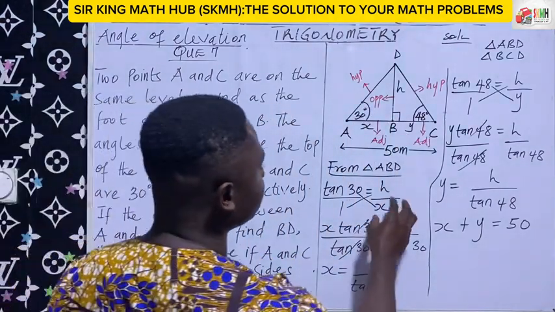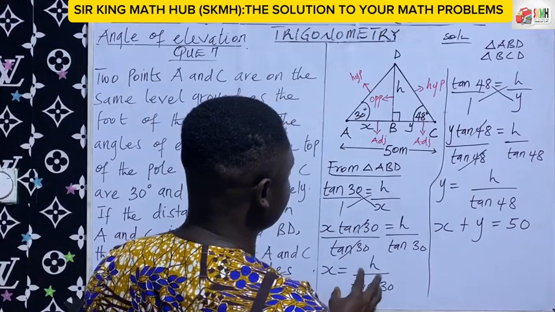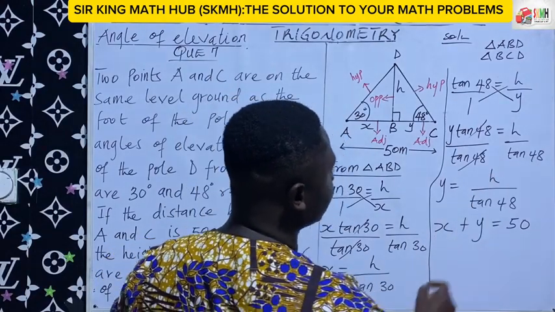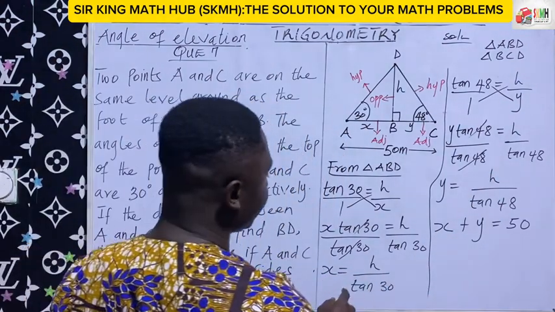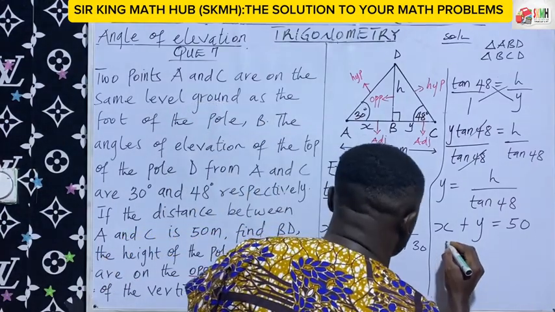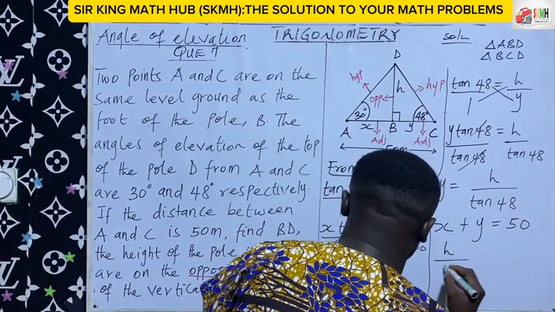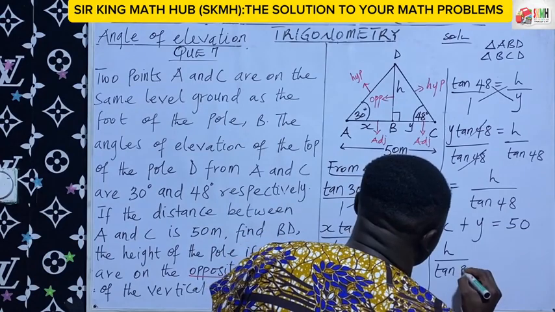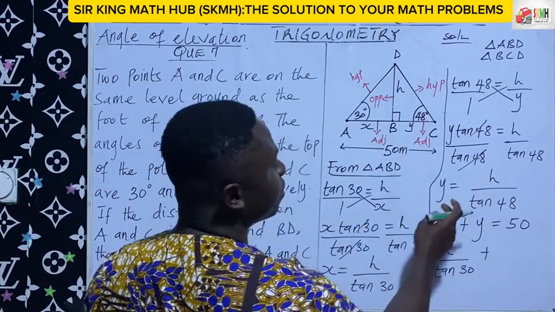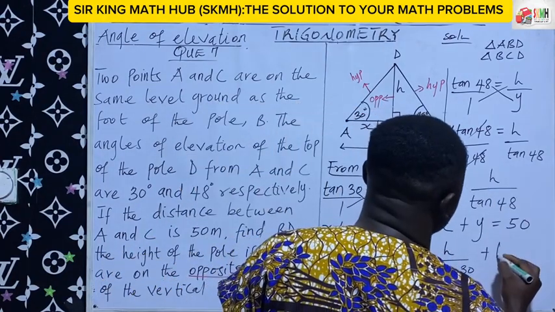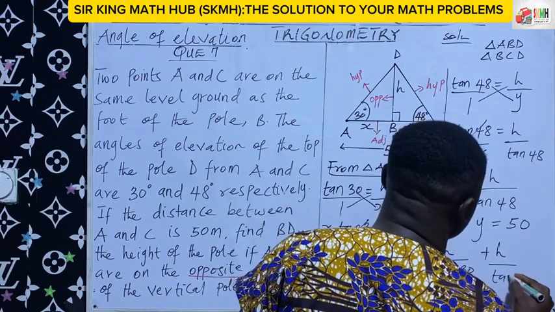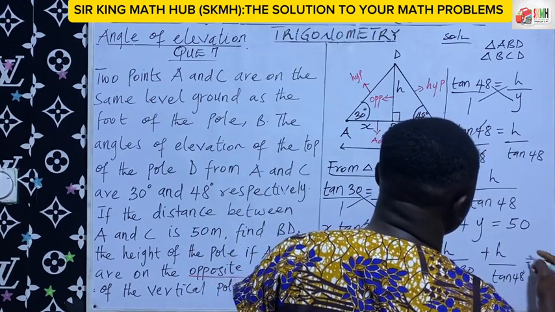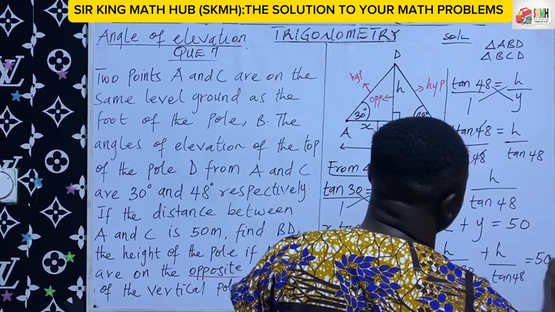Now let's substitute the expression for x and the expression for y into the equation. What did we get for x? We had h on tan 30, plus what do we get for y? h on tan 48. And everything should be equal to 50.